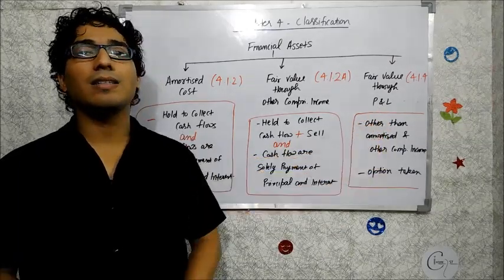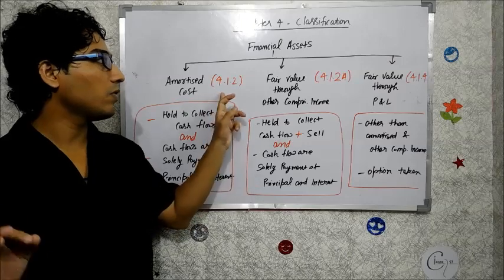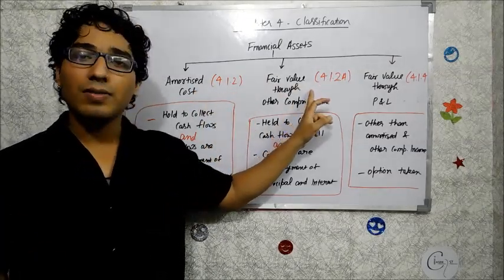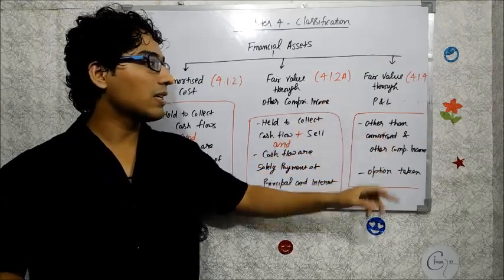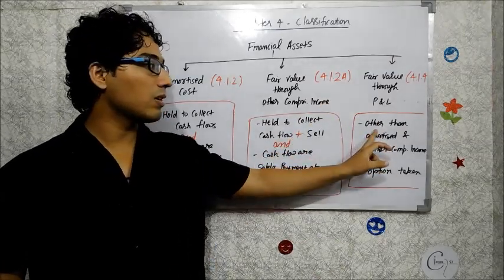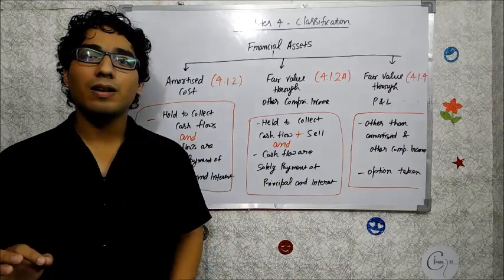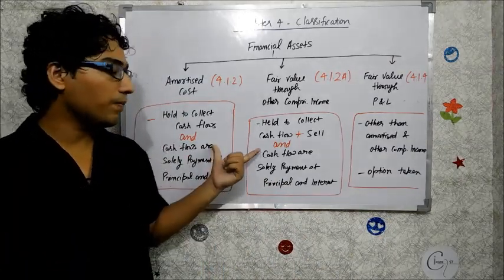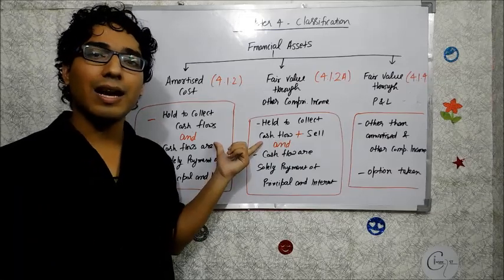Now moving on to the third category, paragraph number 4.1.4 says that those financial assets which cannot be classified into amortized cost or fair value through other comprehensive income will fall into this category.